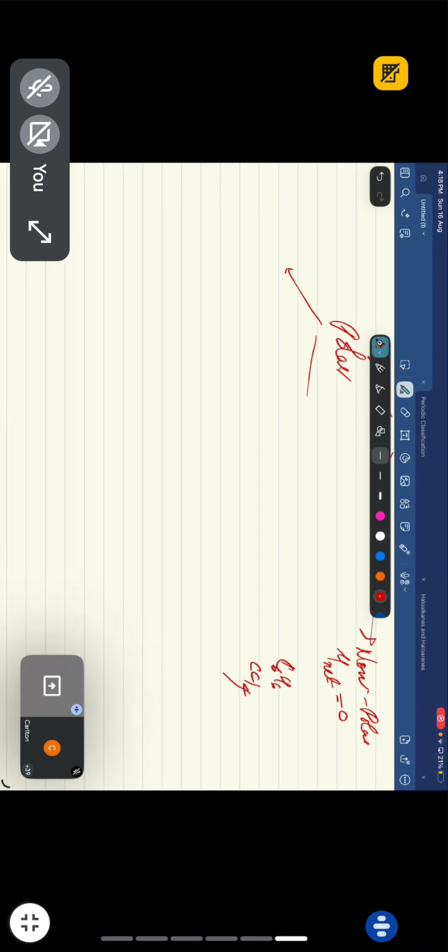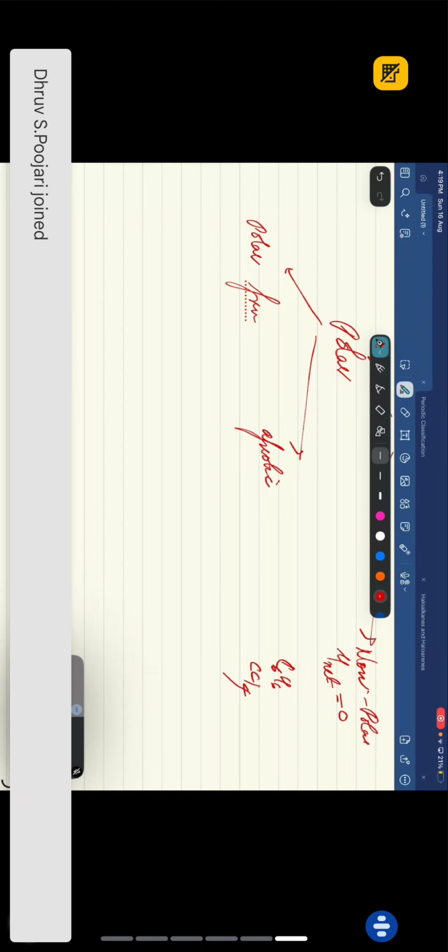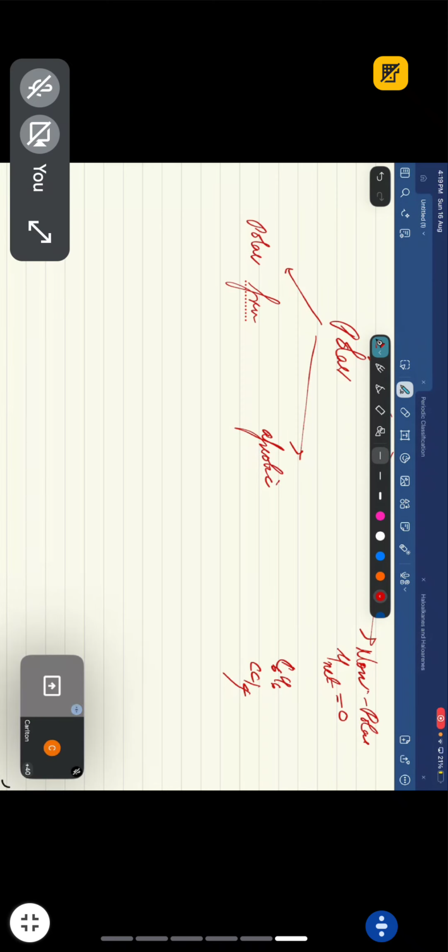Under polar, we can have two types: polar protic and polar aprotic. Is this difference clear? If they have some dipole moment, they come under polar. What does the word protic mean? If they have hydrogens and are capable of forming hydrogen bonding, they are called polar protic.